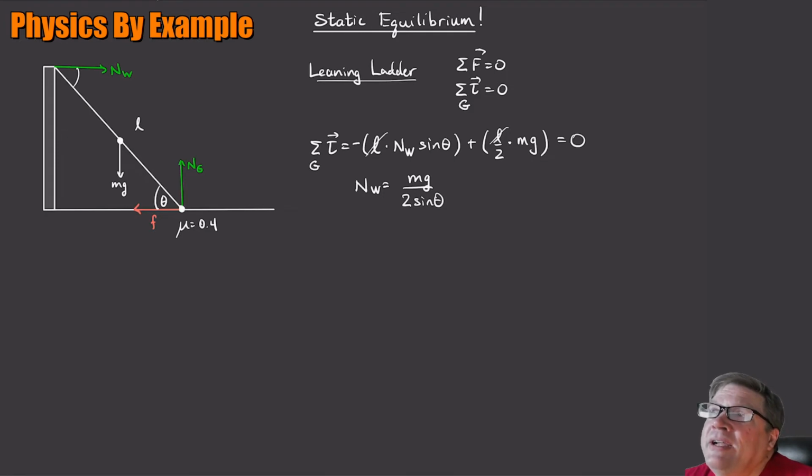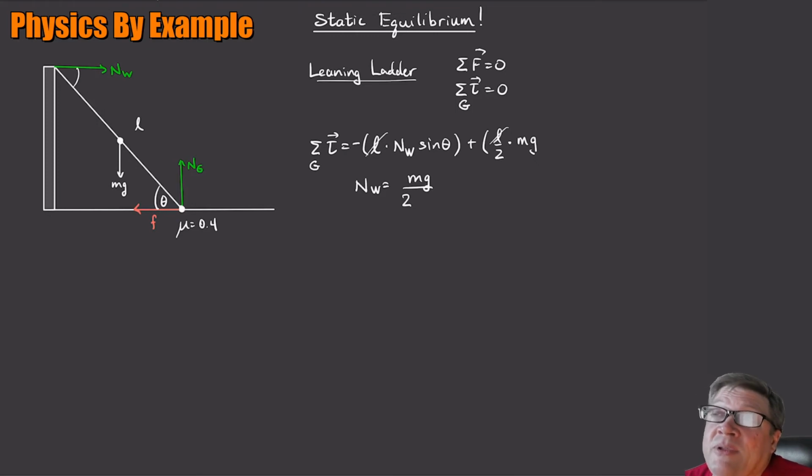So now that I know that, oh, I forgot something, didn't I? It's not mg. Looks like I made a mistake. It's not, because mg is not perpendicular to the ladder. I want the perpendicular bit. We just got done saying that for N_W. So what is the perpendicular bit of mg? Well, what happens if theta is 0? When theta is 0, I want all of mg. Mg will be perpendicular then.